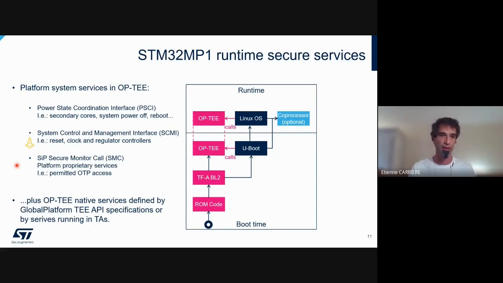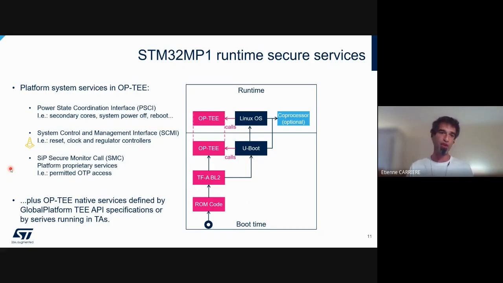And we have some platform-specific SMCs, for services we have in our platforms, like OTP accesses, when all the OTPs assigned to the non-secure world are used, and there are some unused in the secure world, and we have means for the non-secure world to use those extra OTPs.